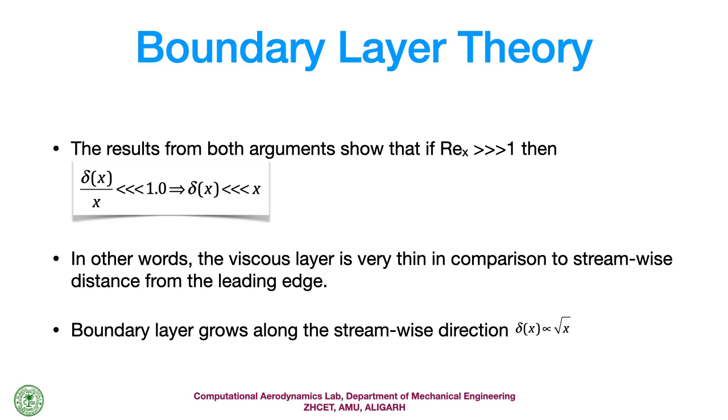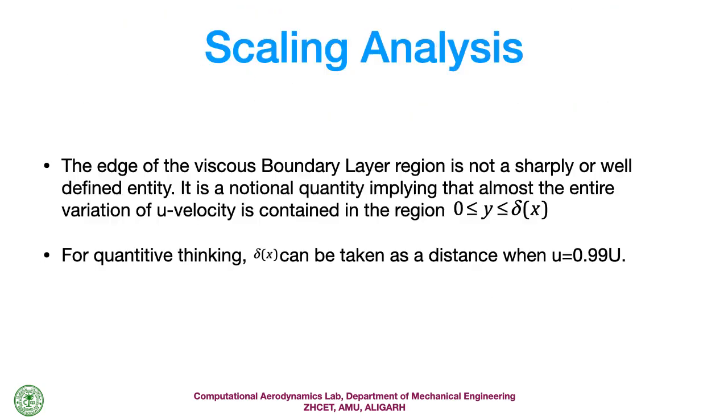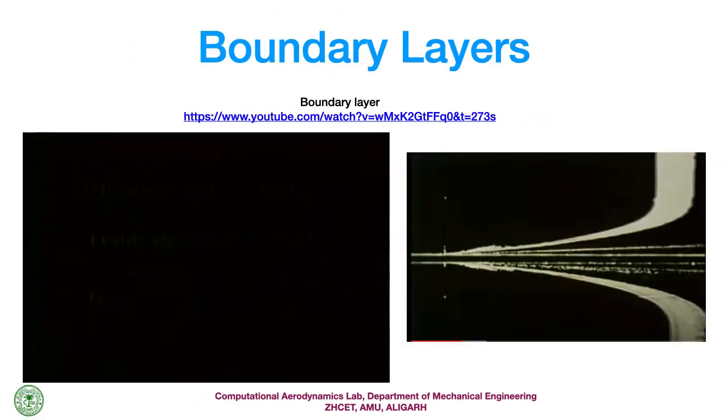As you will remember, at the start of the presentation I showed the picture here. Since x is the direction of the length of the plate, the boundary layer thickness delta is a very small region.